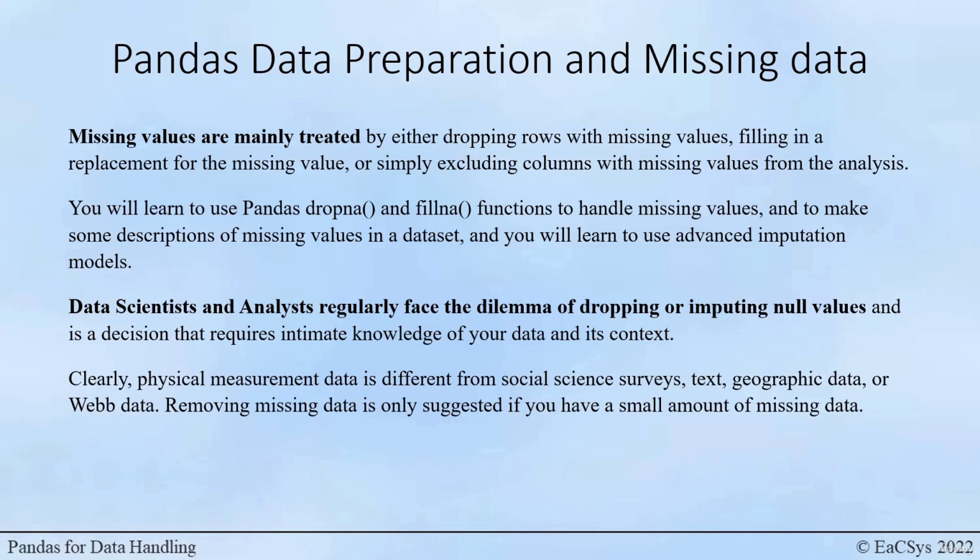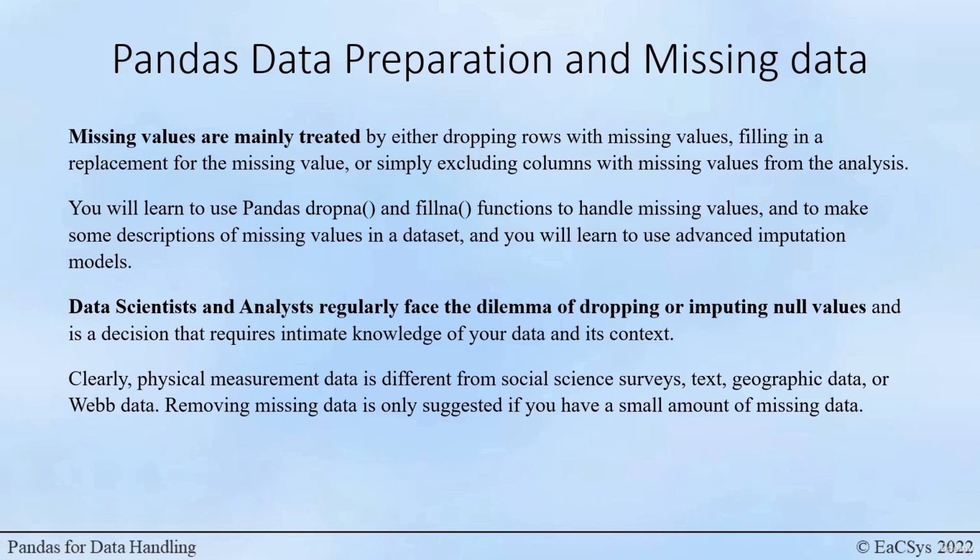Data scientists and machine learners often face a dilemma when considering whether to drop or fill in, or impute, missing values. How you should treat missing values is within the realm of subject matter expertise, and this issue is clearly dependent on the analysis you want to do, whatever data you have, and whatever application you are building.